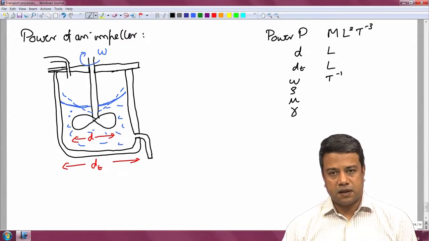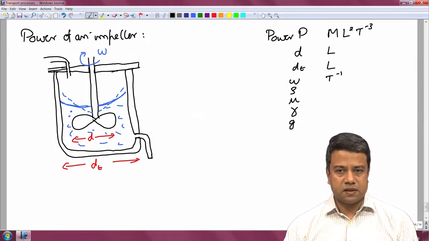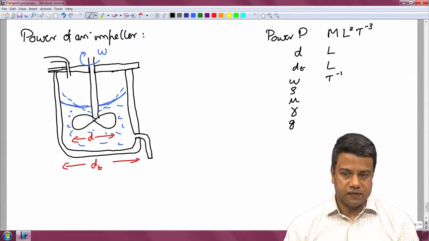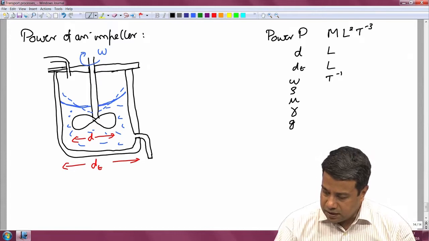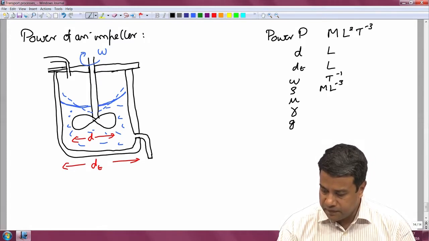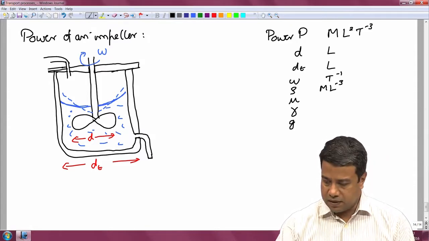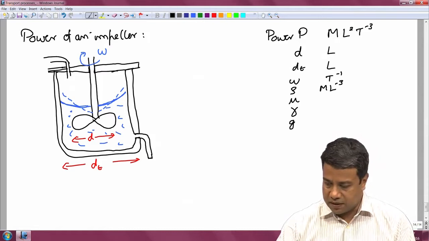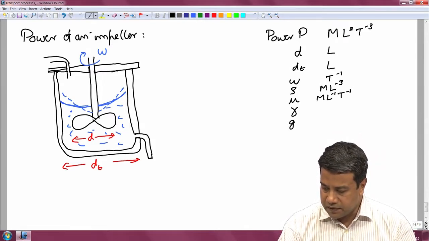And then I have the gravitational force, which is of course a body force. It acts everywhere equally. So, the density is mass per unit volume. The viscosity we had derived the dimension earlier, it is the stress divided by the strain rate. So, it is mass L inverse T inverse.